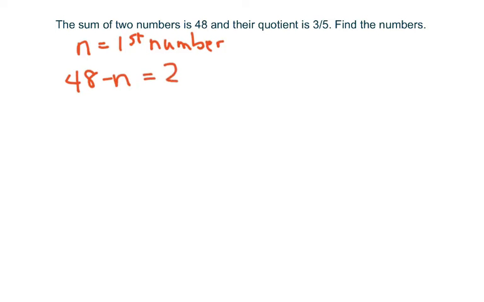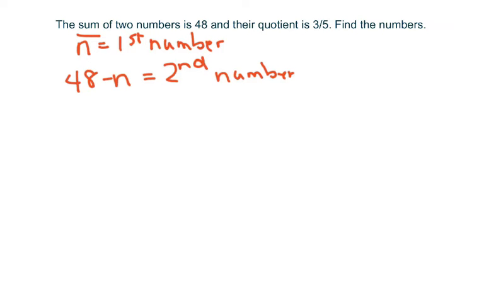Do you see why we did that? Because if our first number is, say, 5, then my second number is going to be 48 minus 5, because we're talking about the sum. All right, and then I'm going to just read it across.